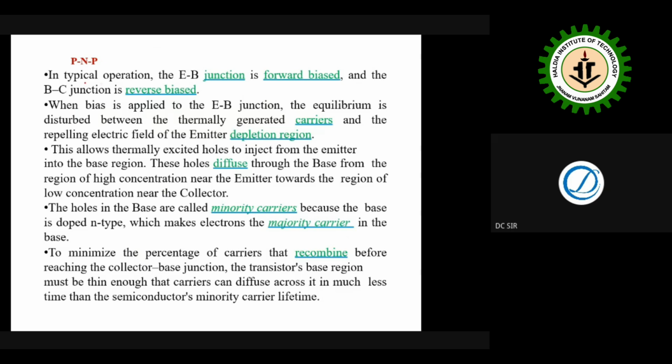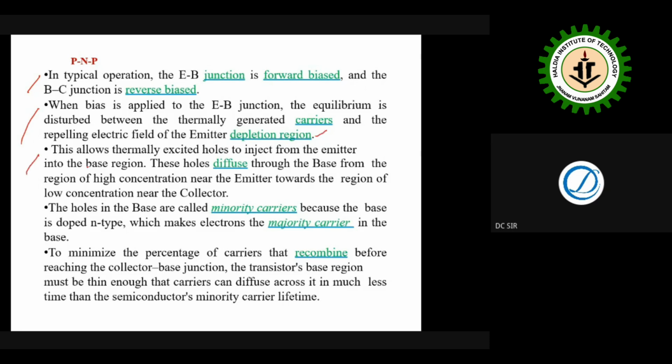Okay, here is the description. Just remember the previous diagram. In typical operation, the emitter base junction is forward biased and the base collector junction is reverse biased. When bias is applied to the emitter base junction, the equilibrium is disturbed between the thermally generated carriers and the repelling electric field of the emitter depletion region.